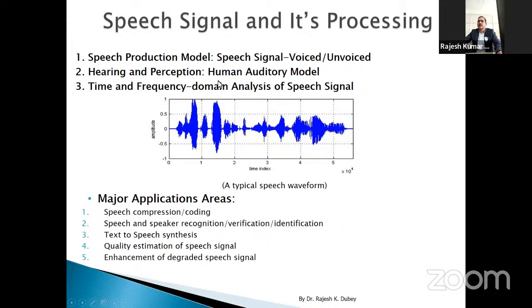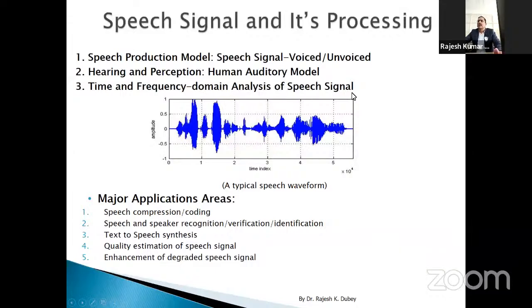Hearing and perception, that is the human auditory model. And because a signal is involved, digital signal processing tools will be applied, and from an engineering point of view, we can understand it as a time and frequency model. And we'll do analysis in the time domain and in the frequency domain.